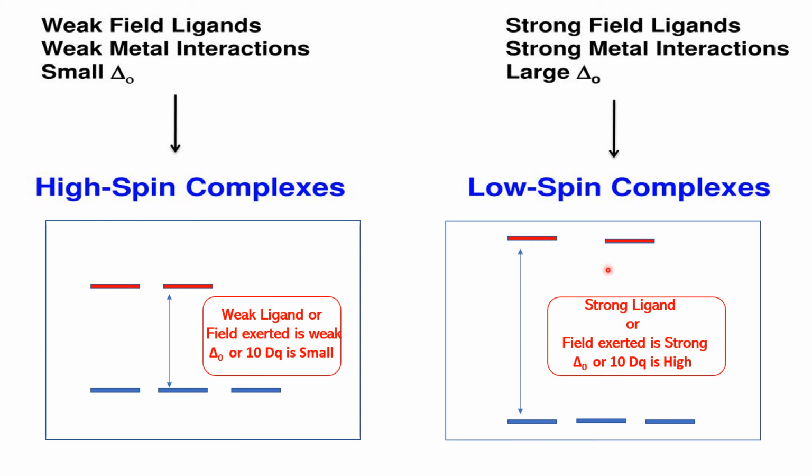So the 10 Dq value will be high for strong field ligands, while the 10 Dq value is minimum for weak field ligands. And weak field ligands will give rise to high spin complexes, while strong field ligands will give you low spin complexes. So I am going to enter electrons into these orbitals in a high spin or weak field environment and a strong field environment.